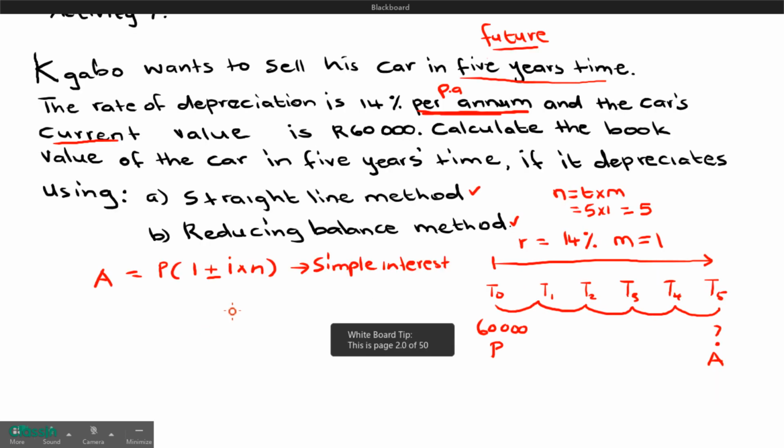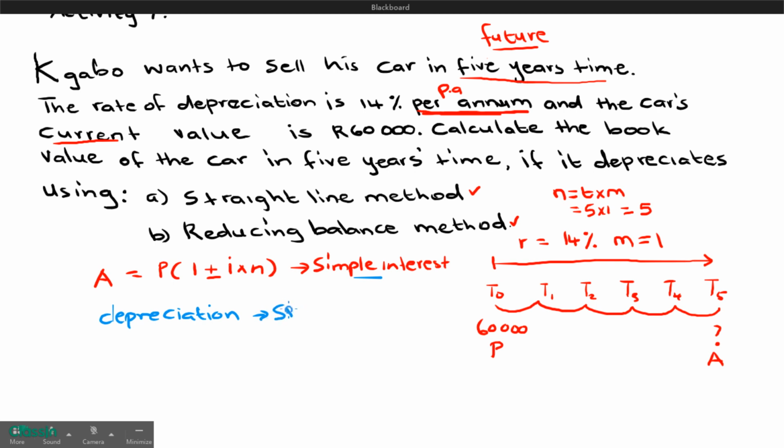Again, we also mentioned the value of money, whether it is simple interest or compound interest, it can also depreciate. When we talk about depreciation under simple interest, we are looking at the same terms: straight line or hire purchase.